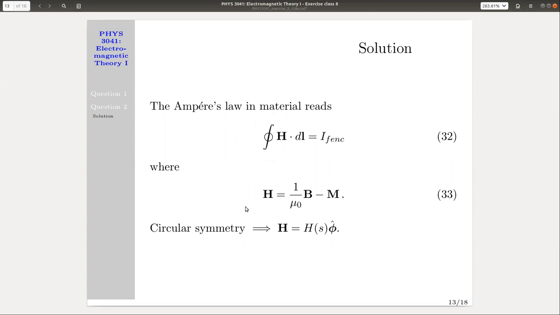Then we can simply use Ampere's law, and because the system has a circular symmetry, the magnetic field will be circumferential, and so will the magnetization, and therefore the H field will also be circumferential. This means we can write the H field in terms of H_s, which only depends on the radial distance from the axis, and it only has the angular component.